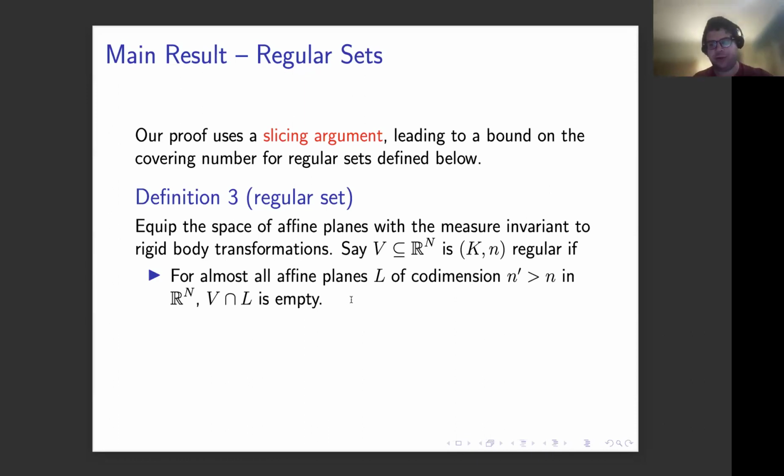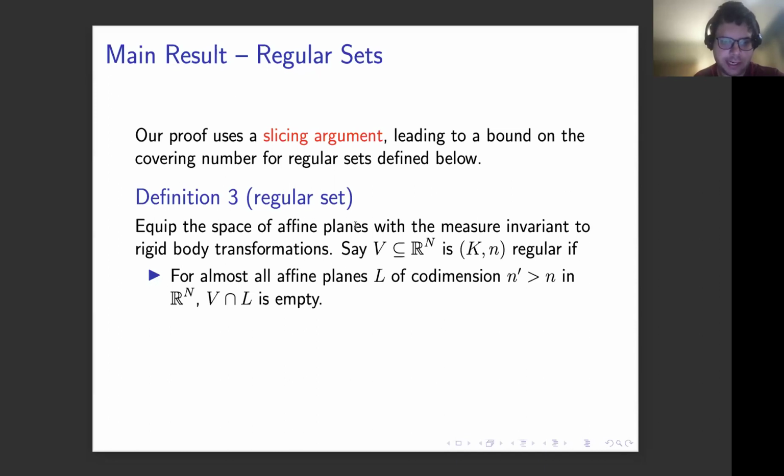Okay, so this is the first condition for being regular, and this basically is saying that little n is the intrinsic dimension of V. So if I try to intersect V with a linear space of too low dimension, then it's actually going to miss V almost always. This almost all is with respect to an invariant measure on affine planes.